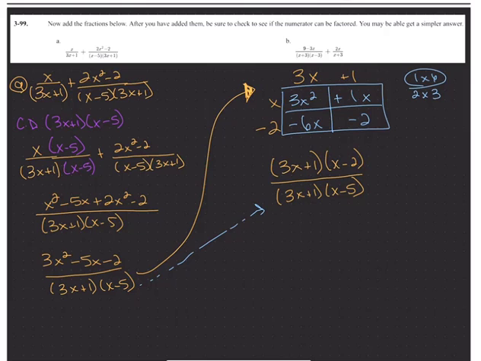Now I'm looking for those common factors that are in the numerator and denominator that are going to divide out to be 1, or we call it canceling each other out. And so I have, oh, I don't want to erase. I have 3x plus 1 and 3x plus 1 that match up perfectly. And then I have x minus 2 and x minus 5. Those babies don't match up, so they're going to stay.